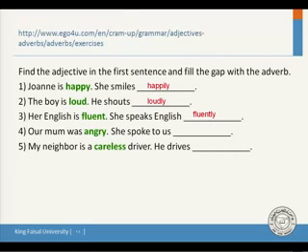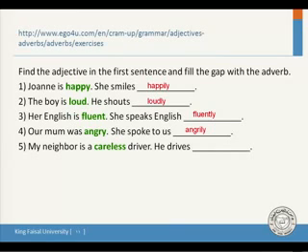Number 4. Our mom was angry. She spoke to us how? Angrily. Notice the spelling of angrily. A-N-G-R-I-L-Y. Number 5. My neighbor is a careless driver. He is a careless driver.